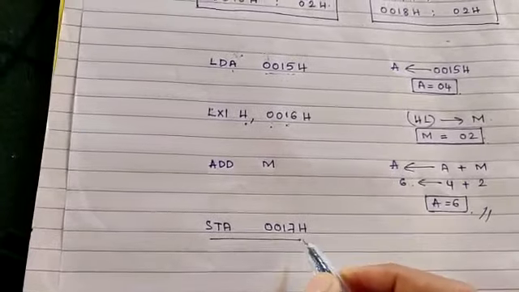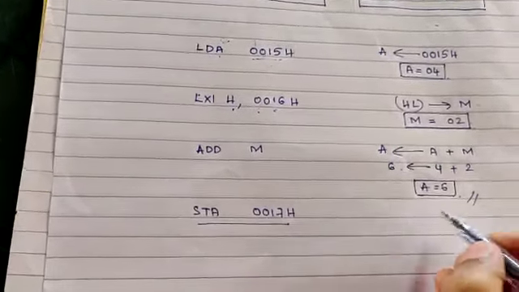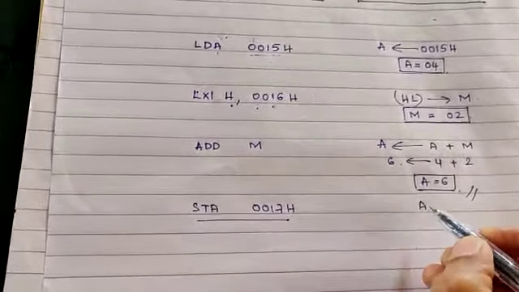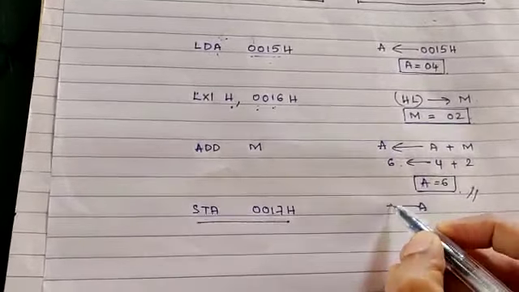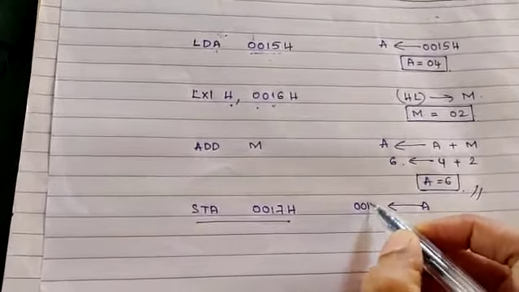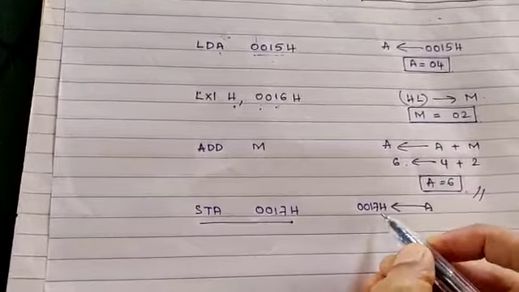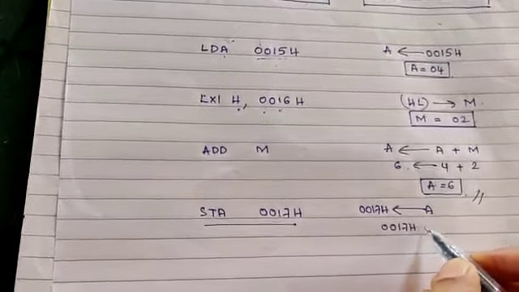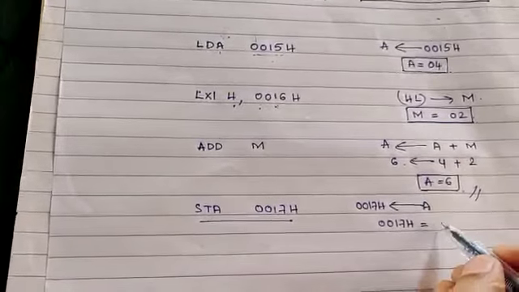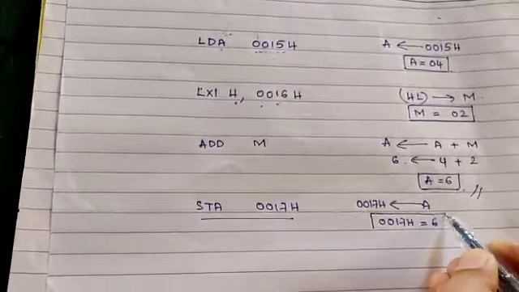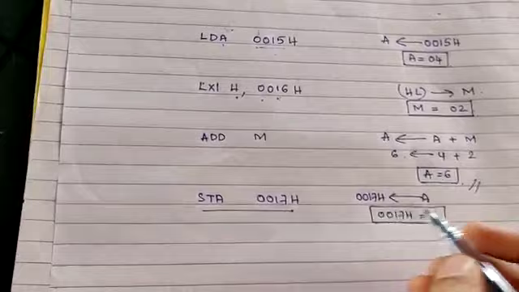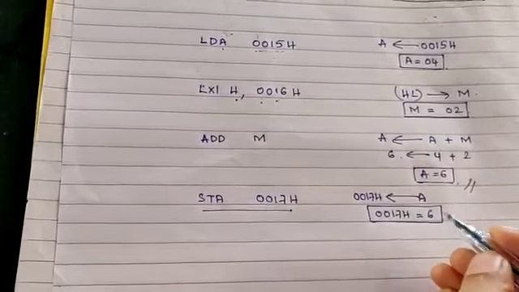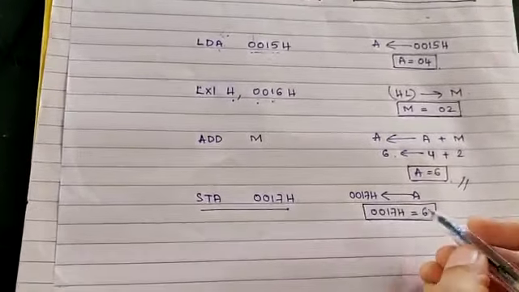So what this instruction is going to do now is, whatever contents are there in the accumulator, that is 6, will be stored in this memory location 0017H. Okay, so 0017H will have 6 in it. And what is this? This is the addition result. So your first part is over.